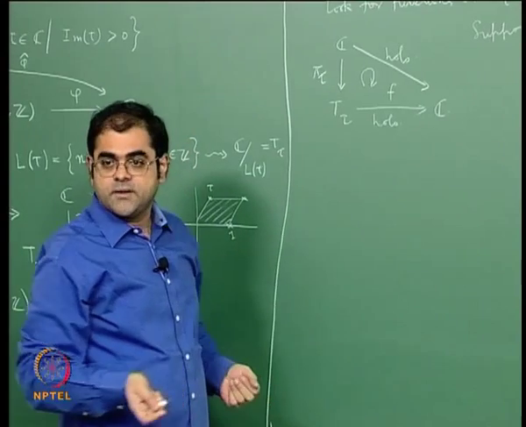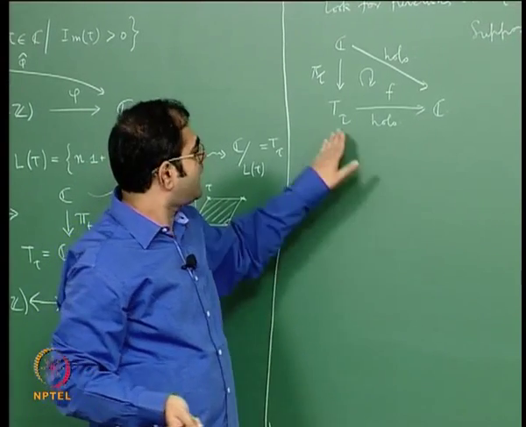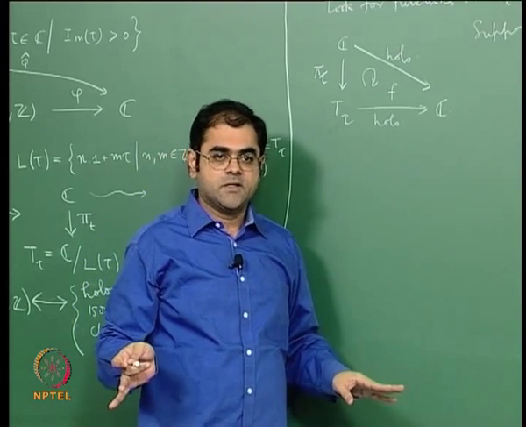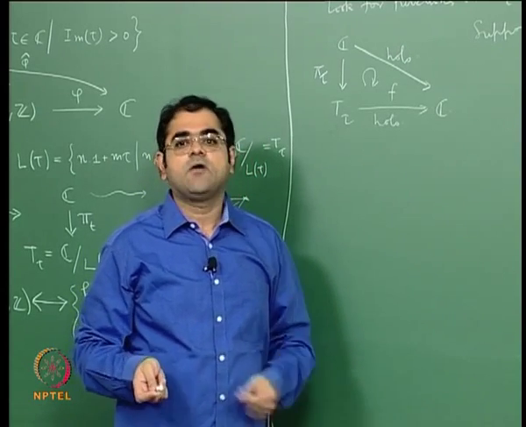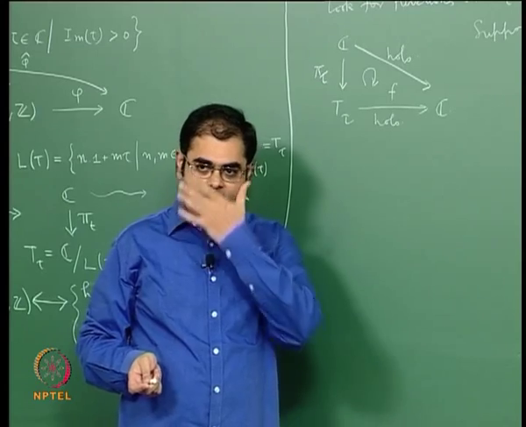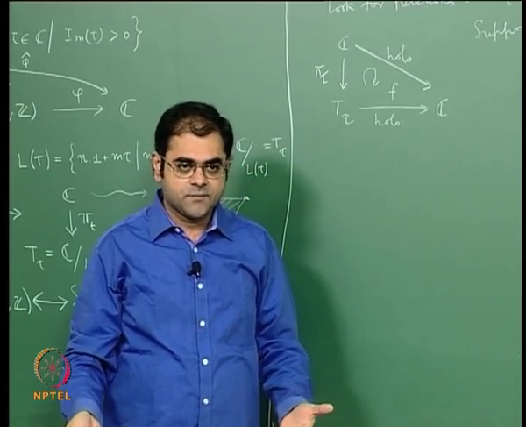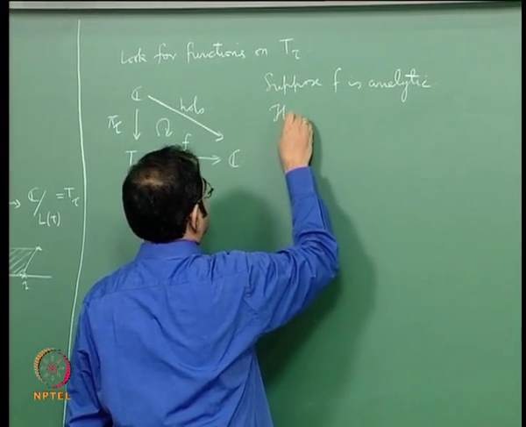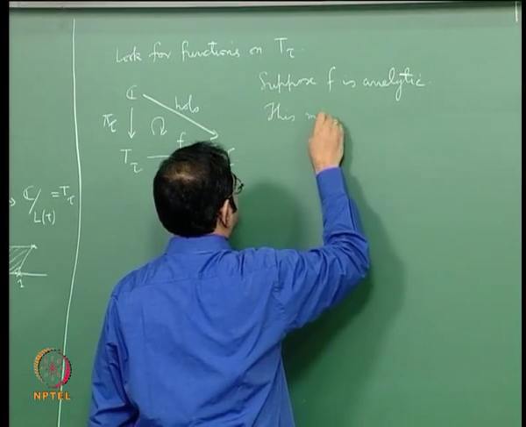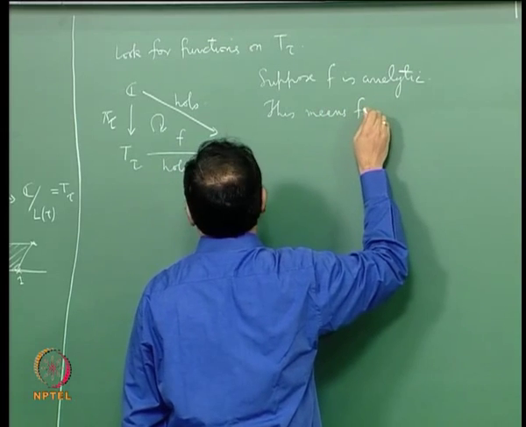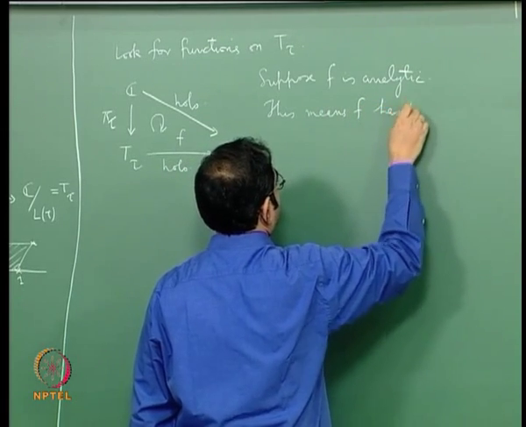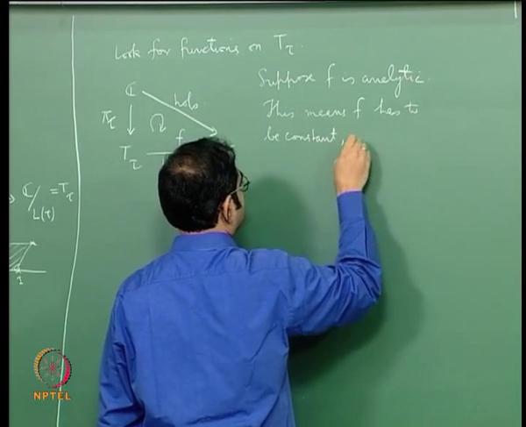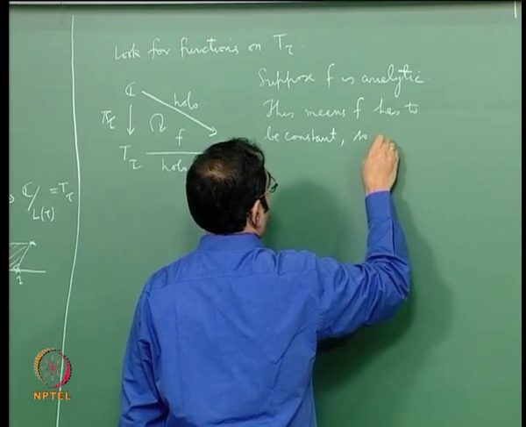So the moral of the story is that trying to look for analytic functions on the torus is not going to help. It means f has to be constant, so of little help. So what does it mean? It means you have to allow singularities.